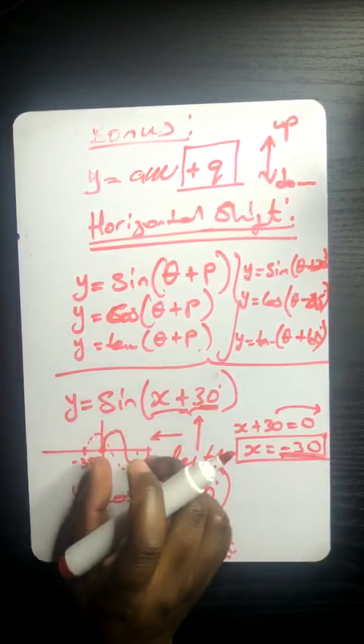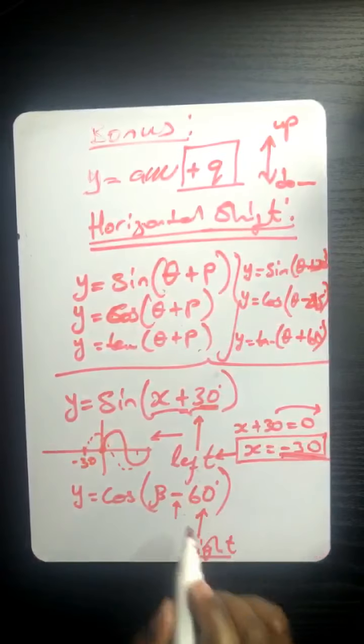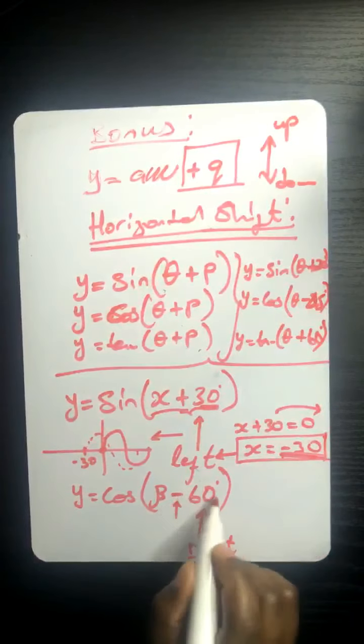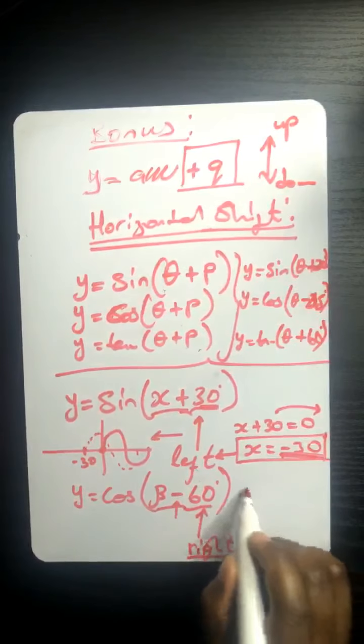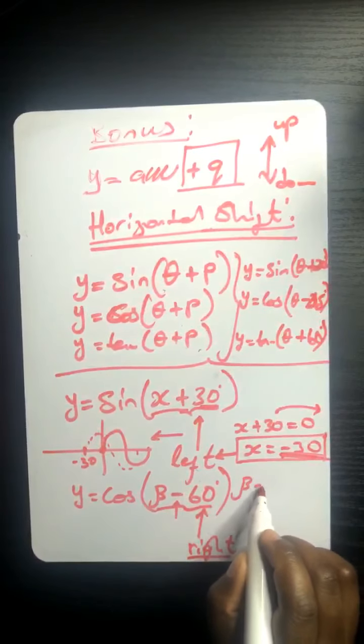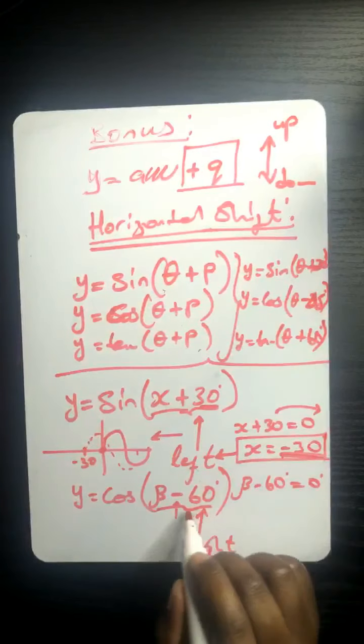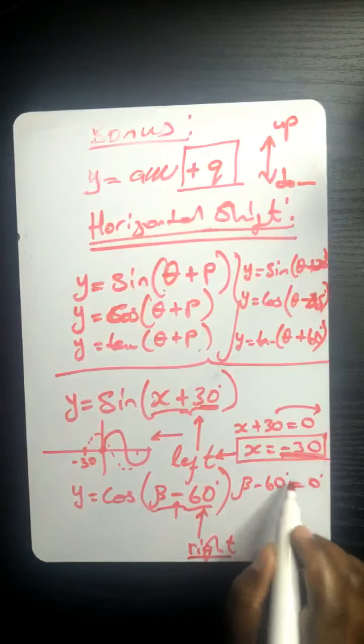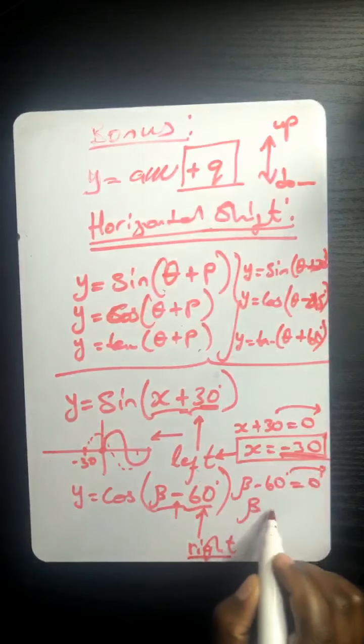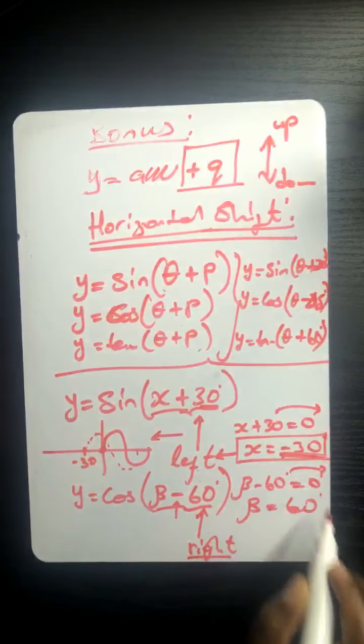You just take the graph exactly as it is, then you shift it. So if it's negative 60 there, you take this and equate it to 0: beta minus 60 equals 0. Then when you transpose, your angle equals positive 60 degrees.